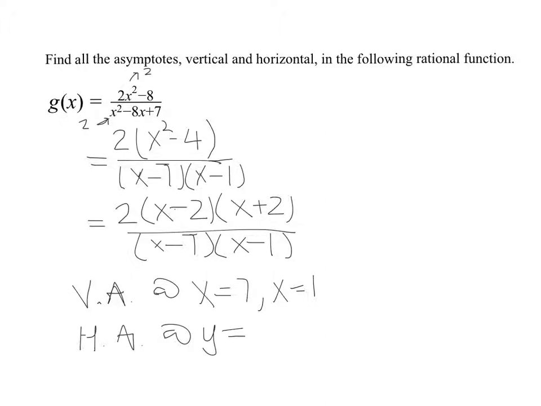So it's going to be 2 divided by 1, so it's going to be a horizontal asymptote at y equals 2. And if you do graph this in Desmos, you won't actually be able to see the equations of the vertical and horizontal asymptotes, but when you graph it, you should be able to identify that at these x values and this y value, the graph does approach that line without actually crossing it.